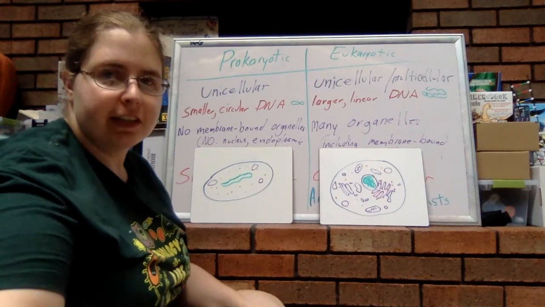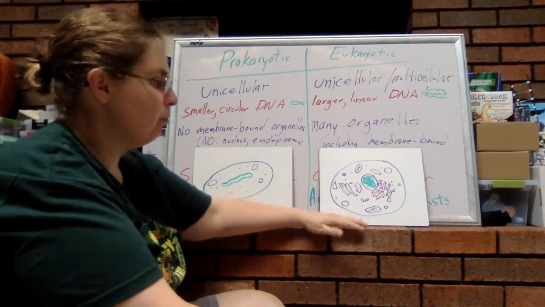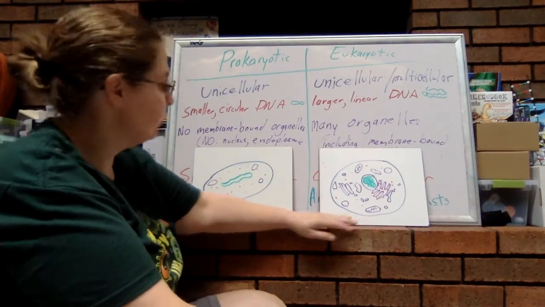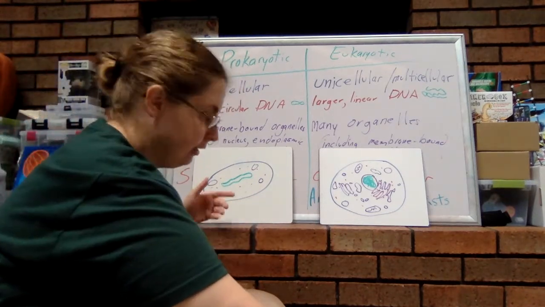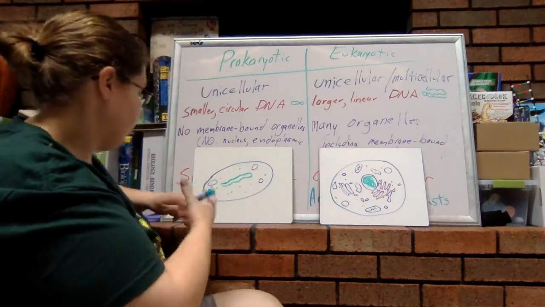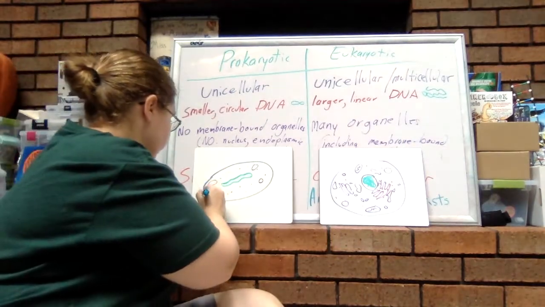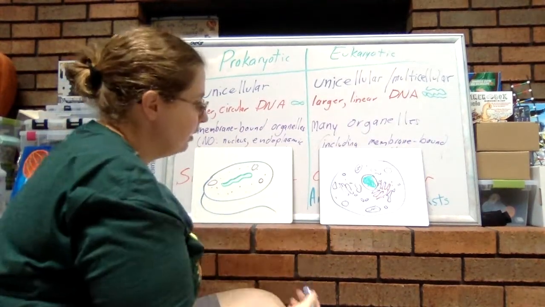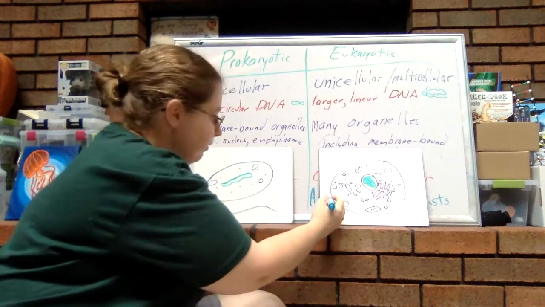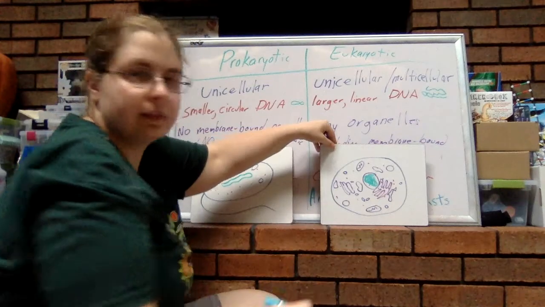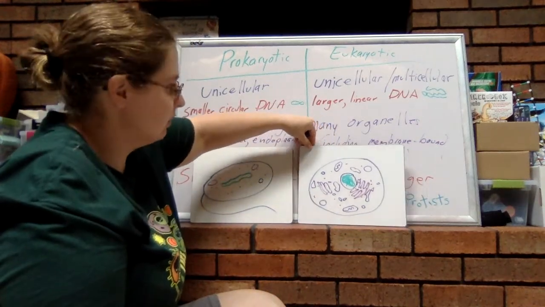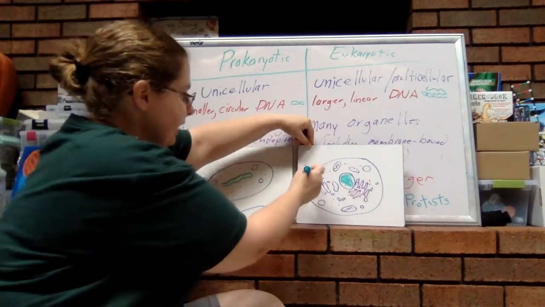So you can definitely see the difference in complexity. There's a lot more going on here in terms of organelles than there is here. Now, these are just generic cells. We can also have a flagella coming off of this one, but we can also have a flagella coming off of this guy. Or we can have cilia.